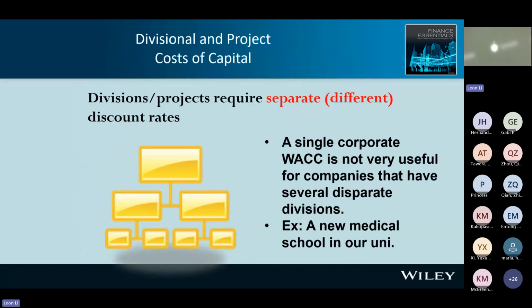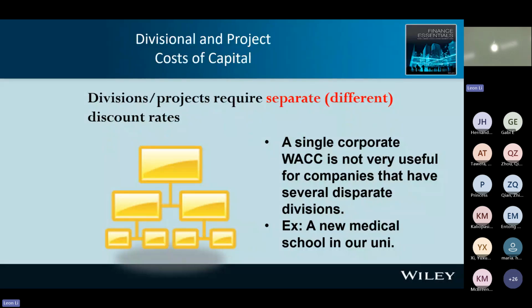But divisions and projects don't have the same risk. All right. And they don't have the same financing mix. So divisions and projects will require separate or different discount rates. Right? So a single corporate WACC is not very useful for companies that have several disparate divisions.